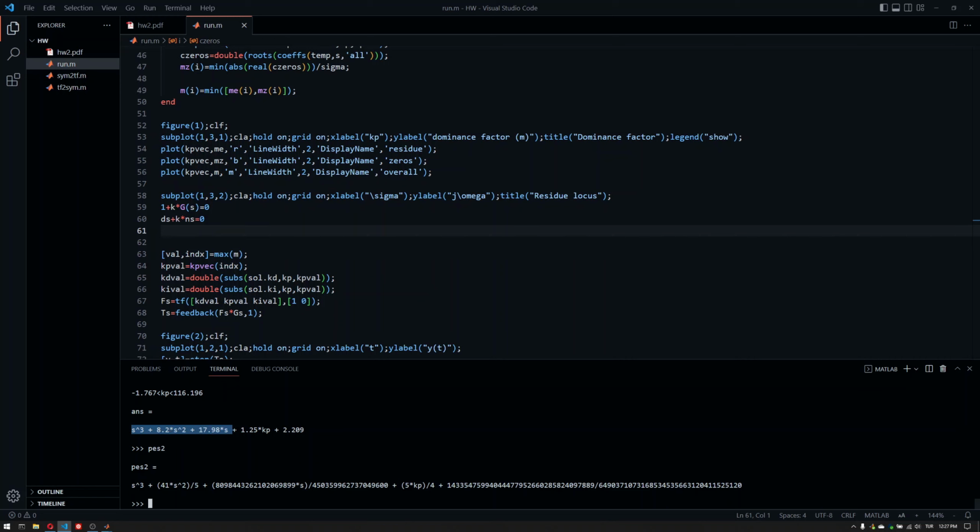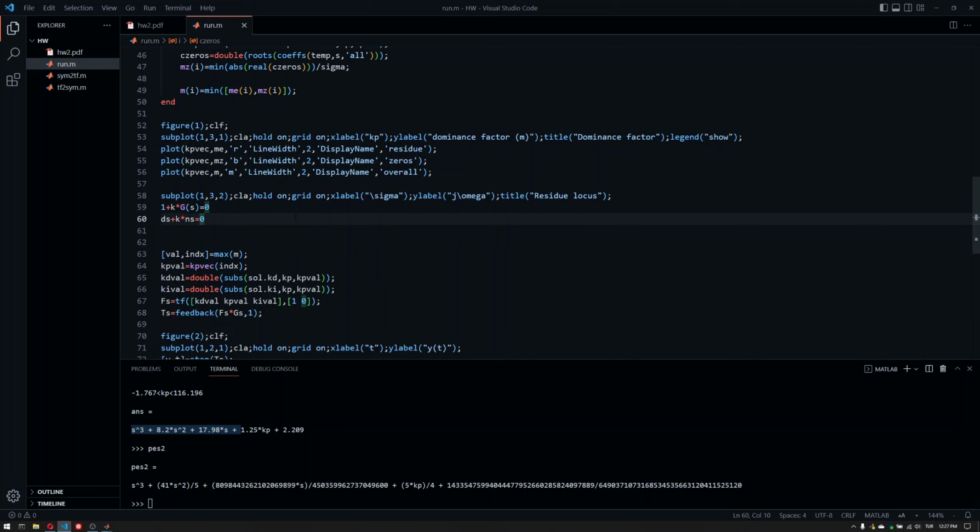So this one, and the constant term 2.2, belong to Ds, and 1.25 belongs to Ns, and k is kp. Then I can write down Ns divided by Ds, which is 1.25 divided by the whole remaining polynomial, and that gives me the equivalent transfer function that I'm going to use to plot the root locus of this.